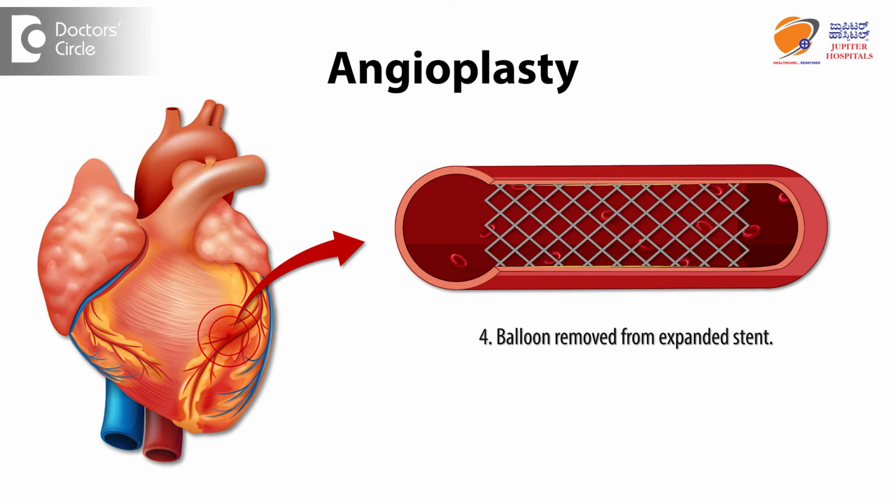So now we should know, when do we do angioplasty? Angioplasty is done normally in a blood vessel which is blocked between 50 to 75%. If it is blocked more than that, and nearing total block, then angioplasty becomes difficult, because while doing angioplasty, we put in a small thin hair-like metal wire.